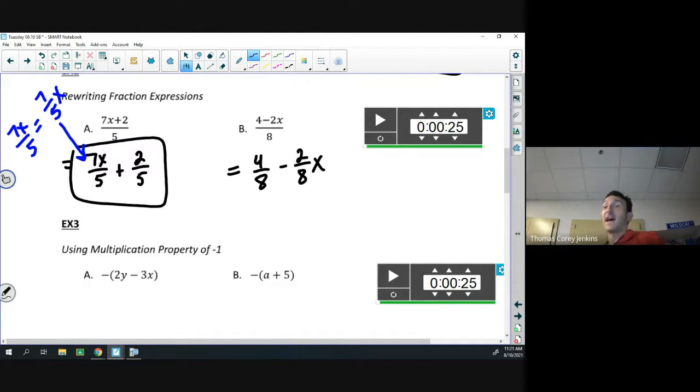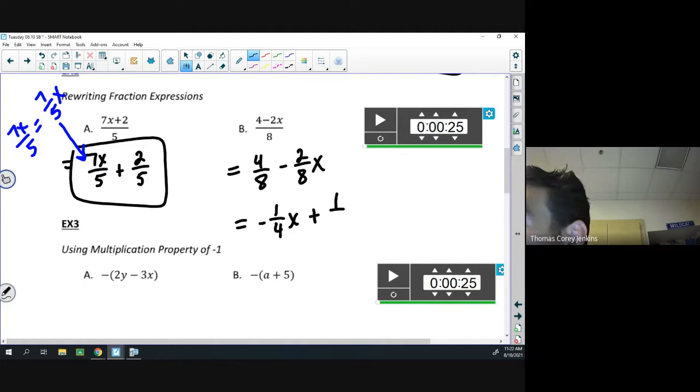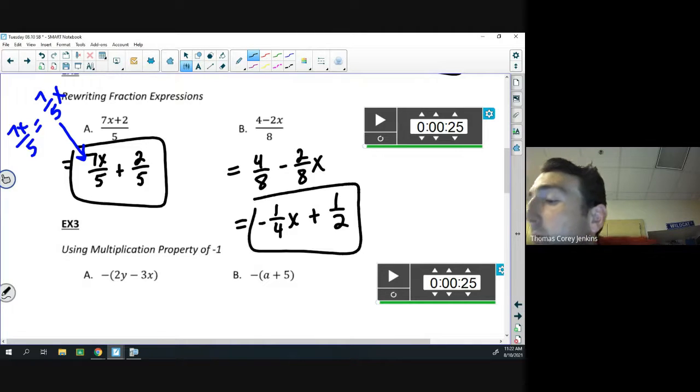Change 4/8 to 1/2, and I can also reduce the other one. What would 2/8 reduce to? 1/4. All right, so we need to reduce our fractions. I'm also going to flip the order, not that you necessarily need to, but I like to have my higher degree term first. So I'm going to write that as negative 1/4 x plus 1/2. So I flip the order and I reduce my fractions.